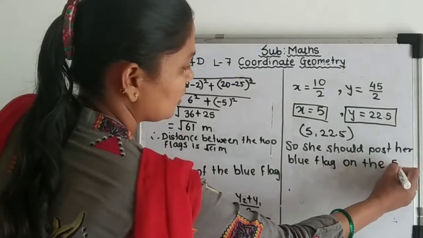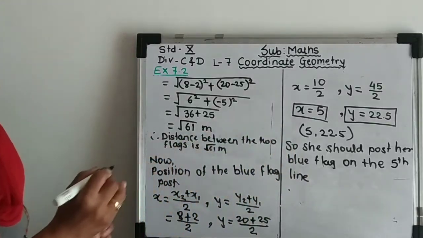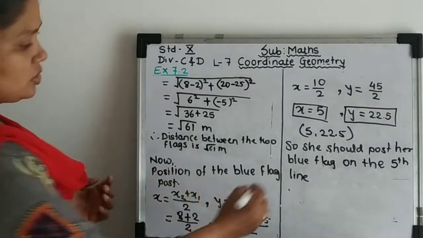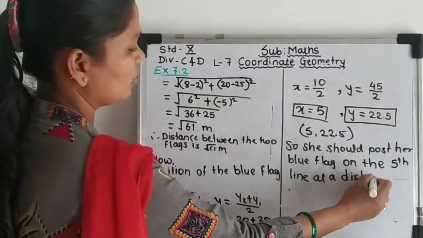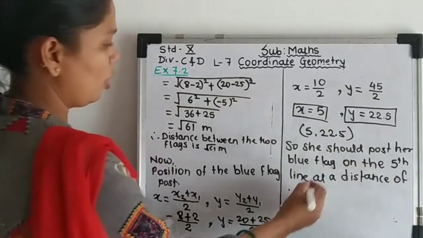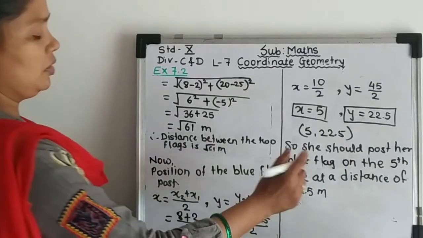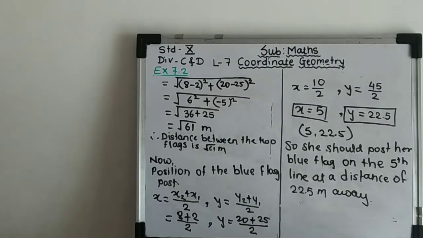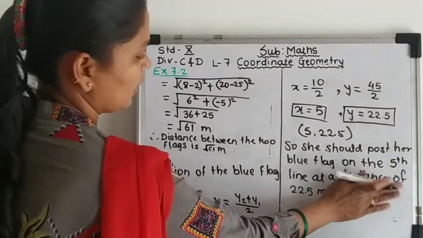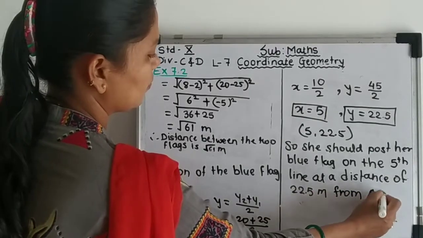On the fifth line, at a distance of 22.5 meter away from AB, or we will write 22.5 meter from AB.